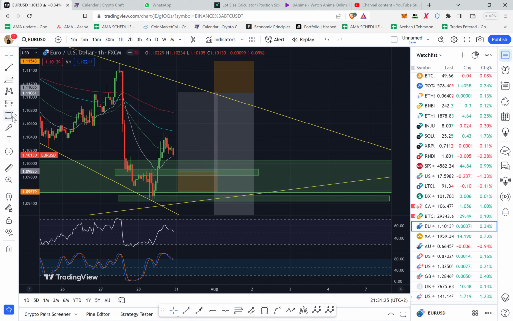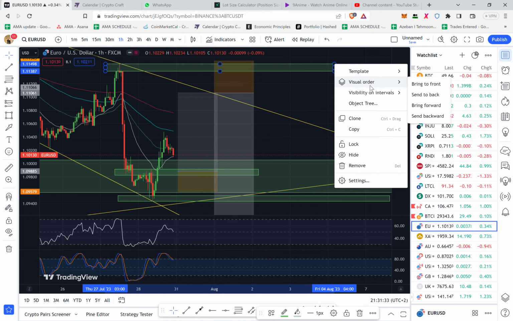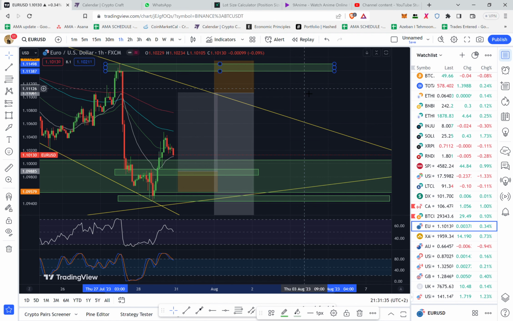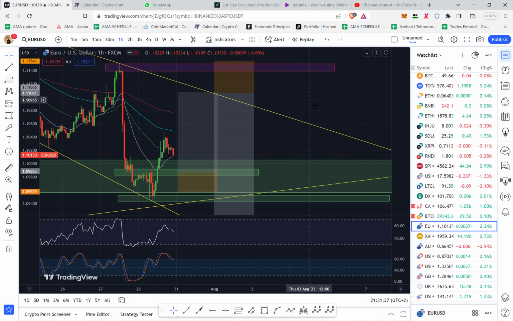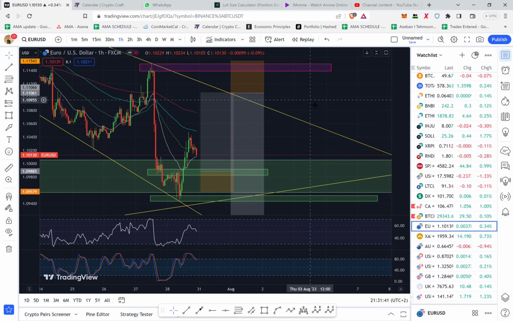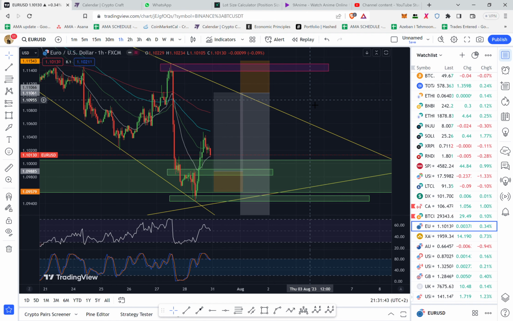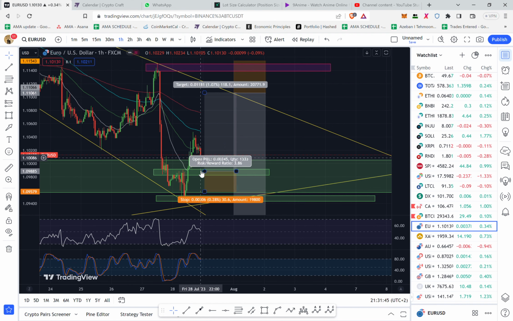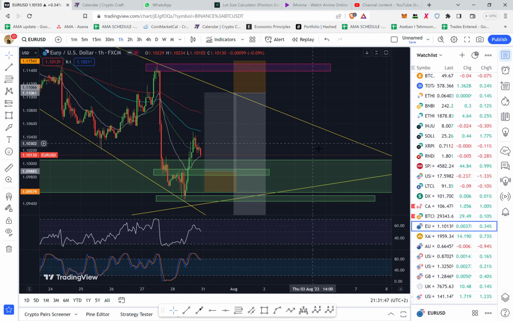And then I'll also draw this as resistance. So this is what my plan is for Euro for next week. And let's have a look at gold.